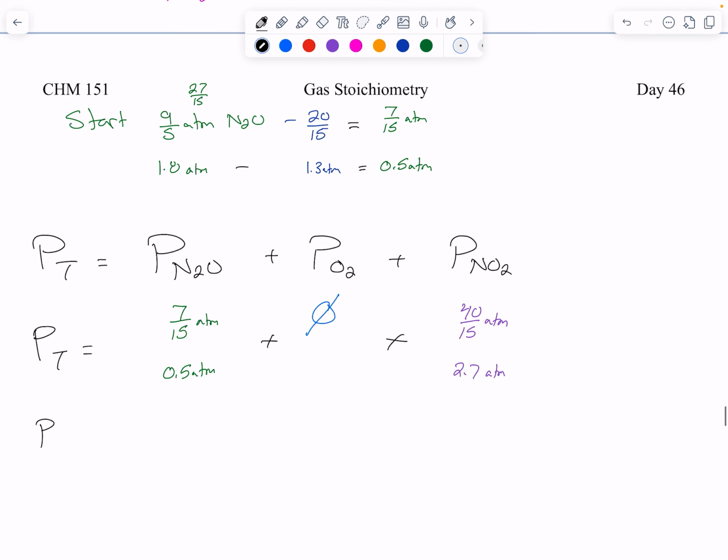So that means my total pressure is either going to be 47/15 or would be, what, 3.2. Now, 47/15 is actually 3.1. All right, so that's just different, but that's okay. For me, either one of these is fine. I'd be happy either way if you did it. All right, so that's how we do the two gases mixing.